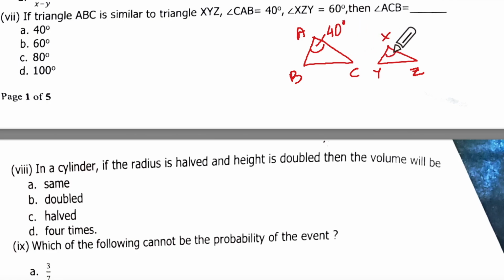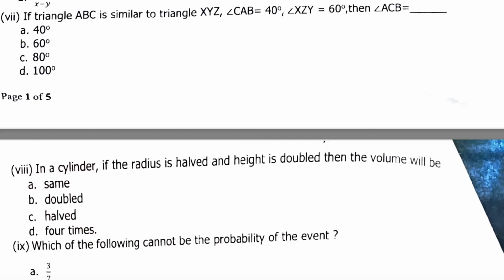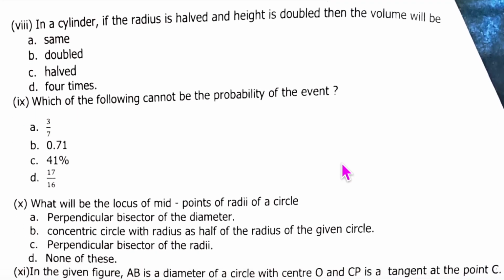That means this angle will also be 40 degrees, correct? If XZY is 60, that means this is 60. So this also will be 60. ACB, it is 60, right? Y'all got it right?